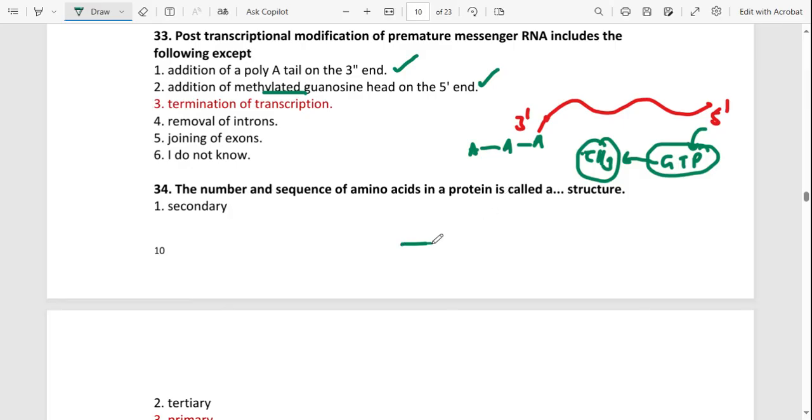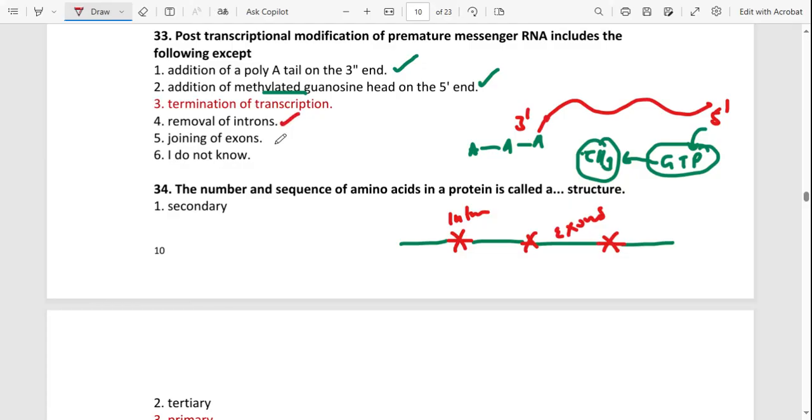And then when you form your mRNA transcript, you are going to have portions that don't code for proteins, we call those introns, and then portions that code for proteins, we call those exons. So we'll be removing introns and connecting exons. Connecting them, we call that splicing.